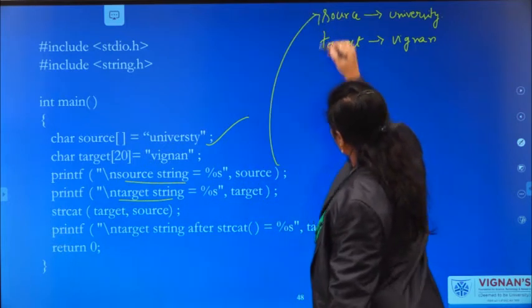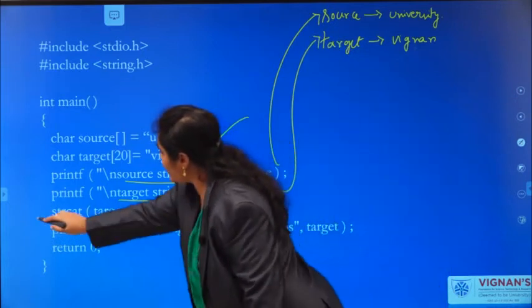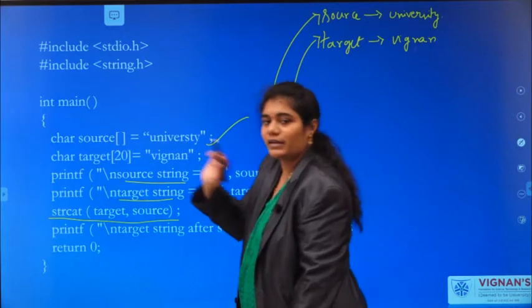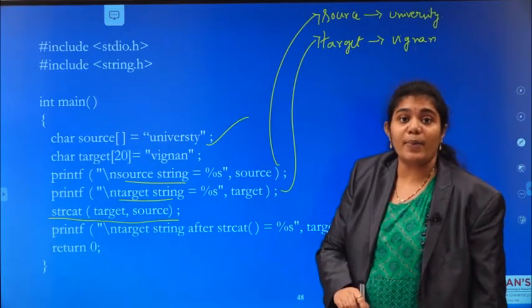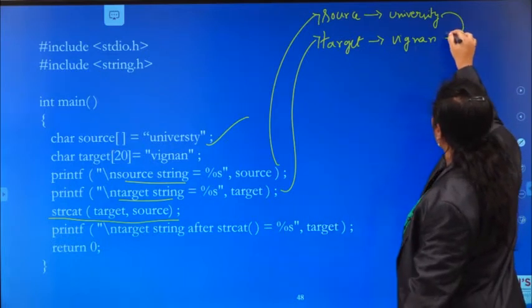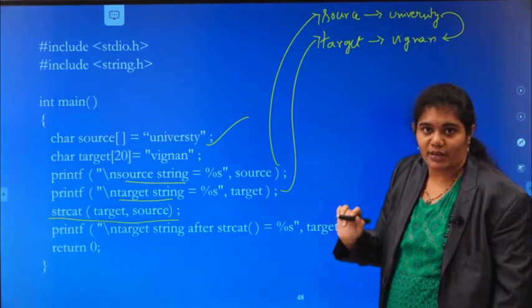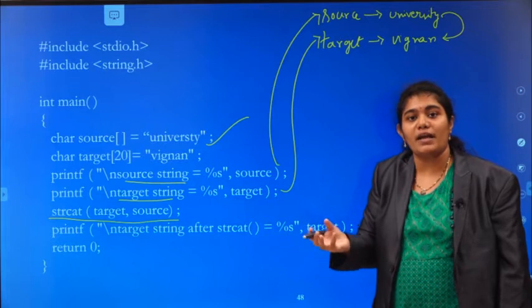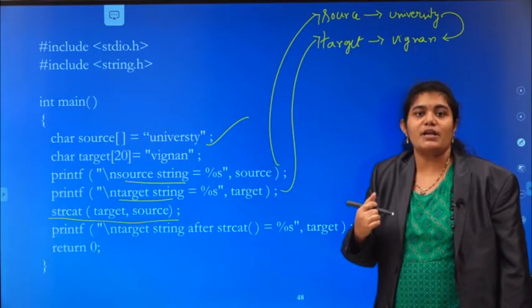This is a source string and this is a target string. Now I am going to concatenate the source with the target. What happens? It is going to append a copy of the source string to the destination string.